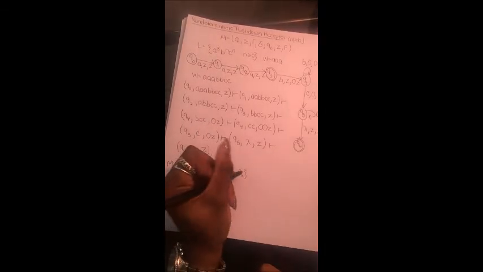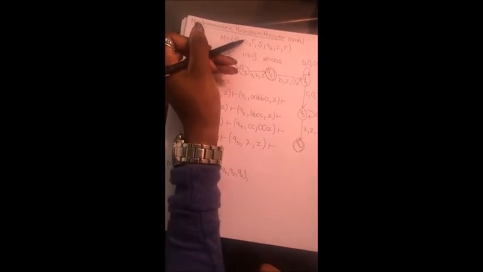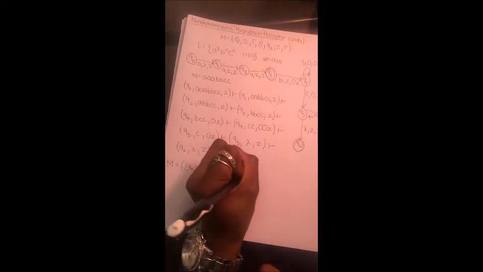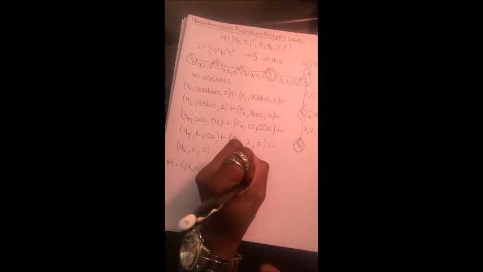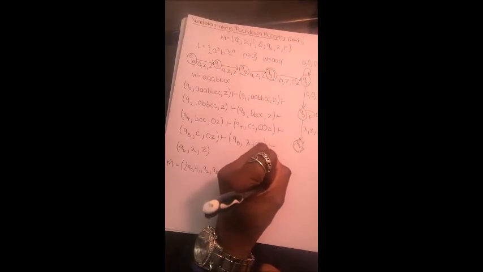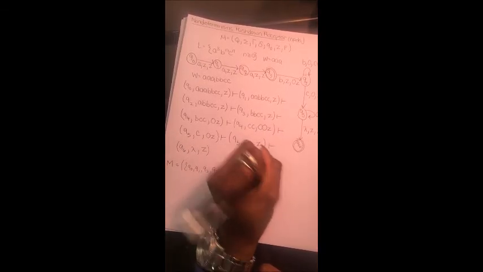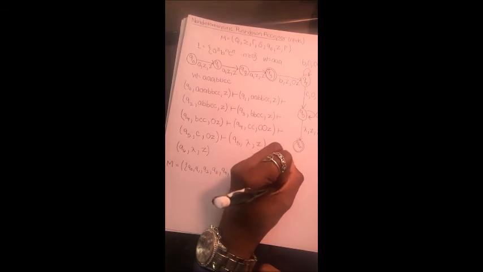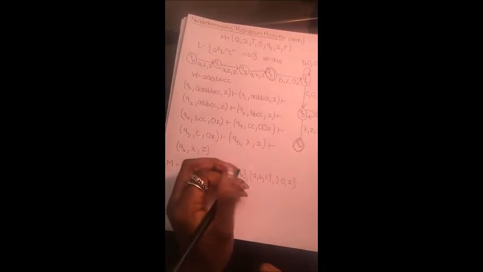Now, our sigma is our input alphabet, which is A, B, and C. Now, our stack alphabet, all the letters that we use for our stack: we use 0 and we use Z for our start symbol.